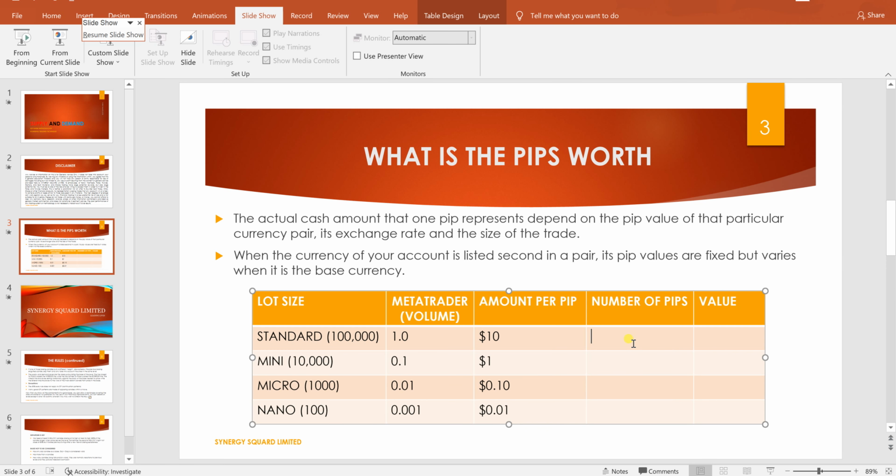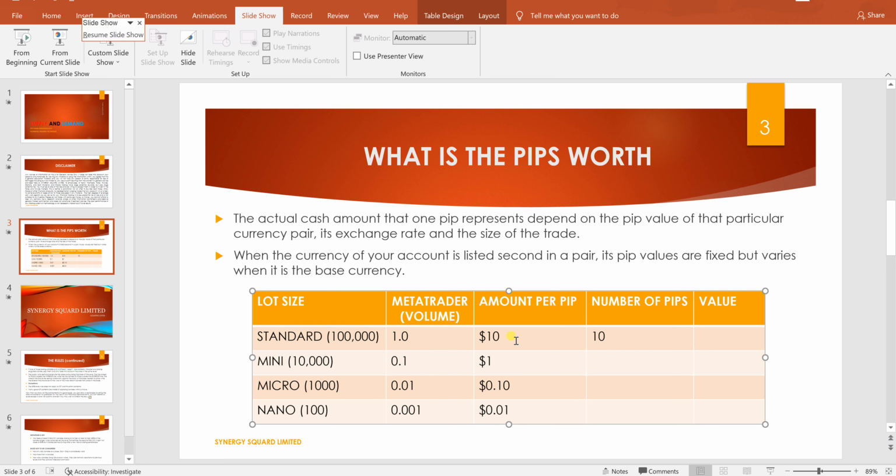So we will want to continue. Let us say that you made 10 pips using one standard lot. Remember we said that with the standard lot, or trading volume 1, the amount per pip is $10.